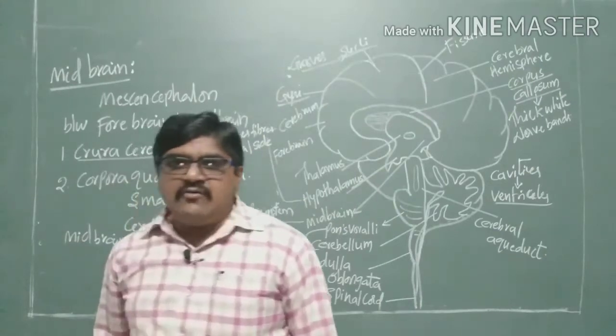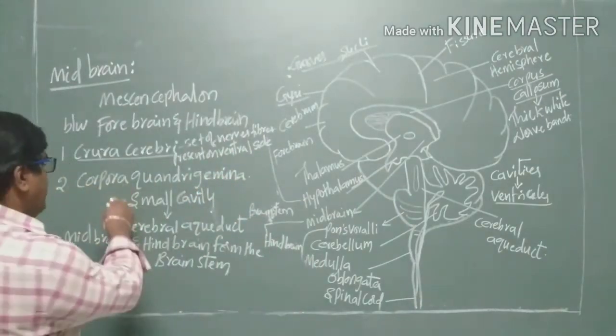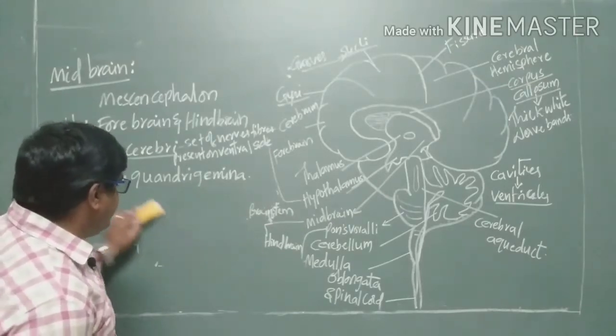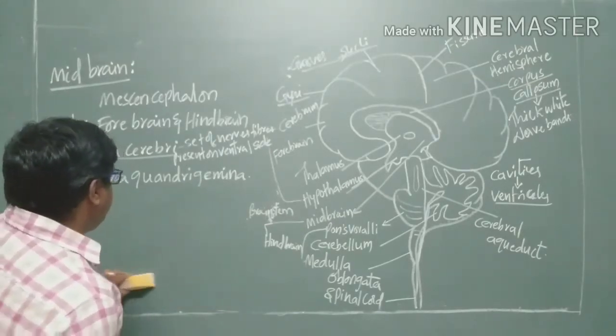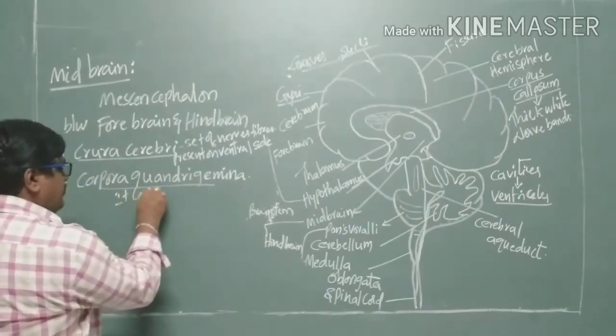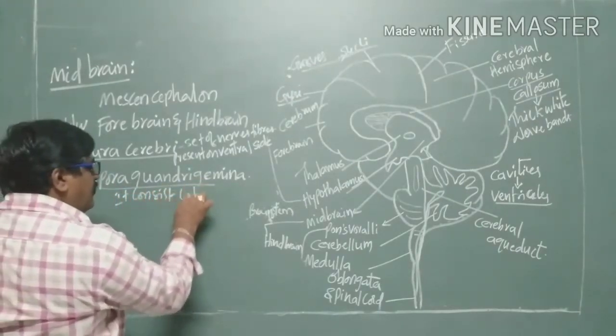Next, the corpora quadrigemina. Here the corpora quadrigemina consists of four lobes.